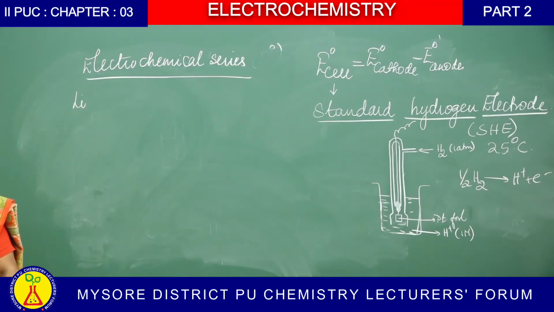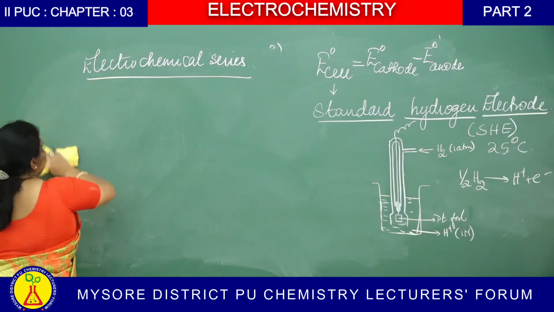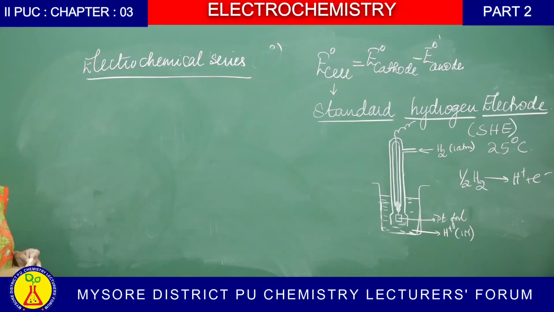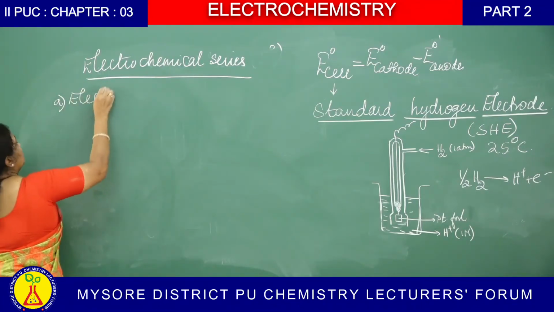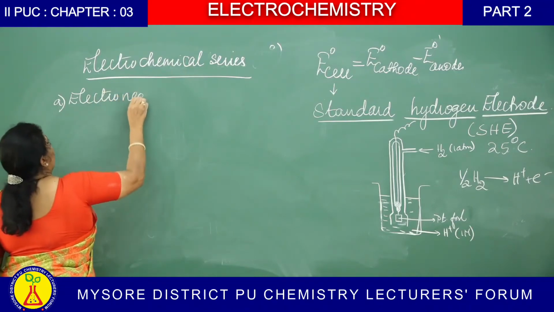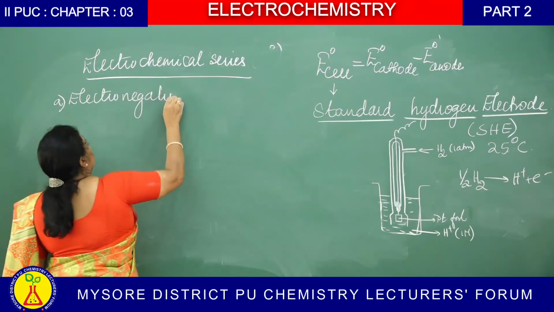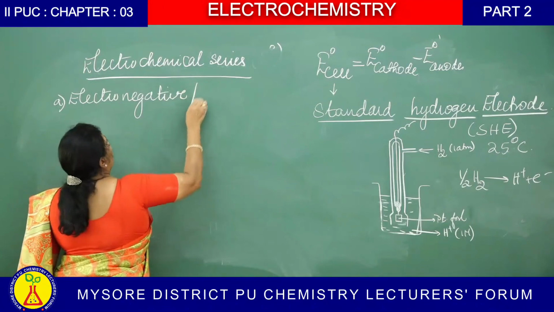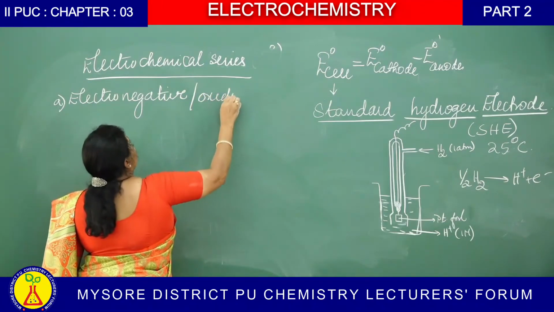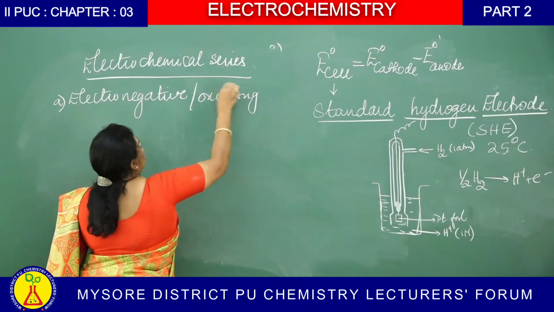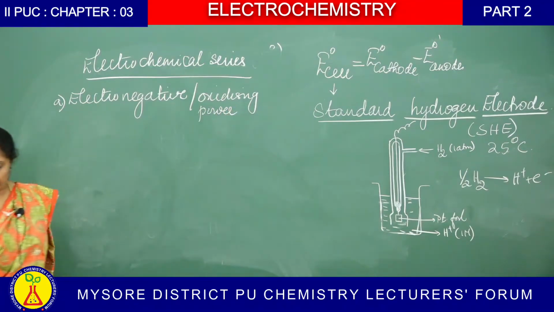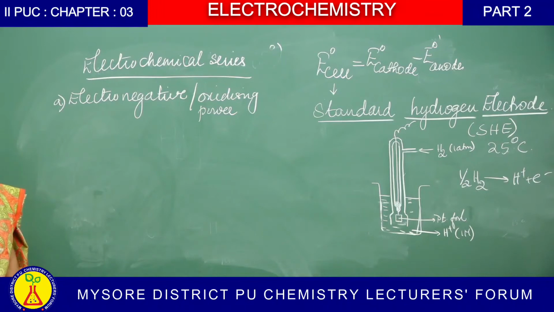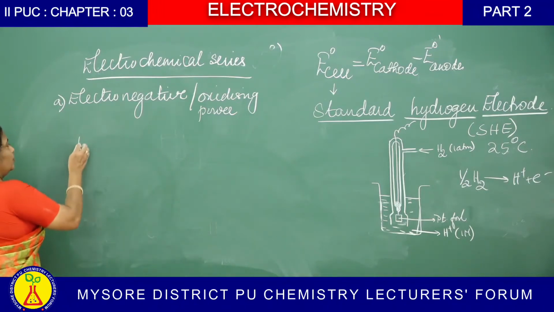So, let us see how you can apply the electrochemical series to determine the electronegative character and the oxidizing power.